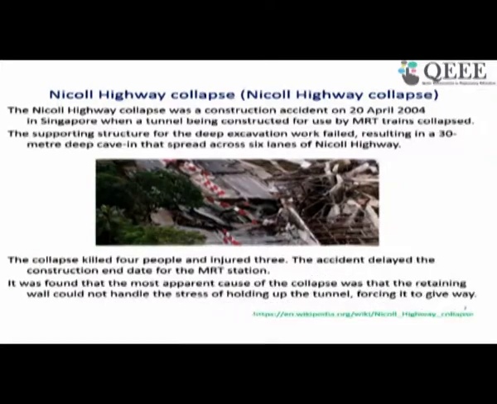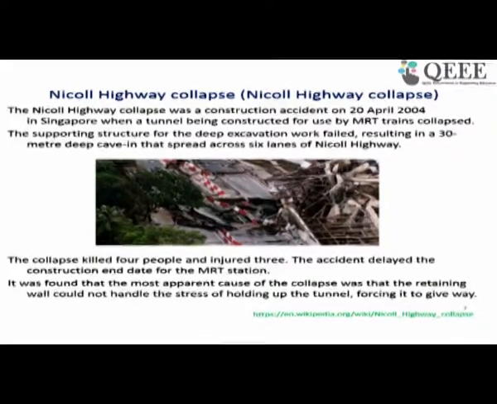Even if we look at the recent highway collapse in Singapore, that is in 2004, the Nicoll Highway collapse, there also it was found that inadequate investigation was done and the collapse happened. This particular highway collapse happened because of the inadequate design of the barrier below the highway.